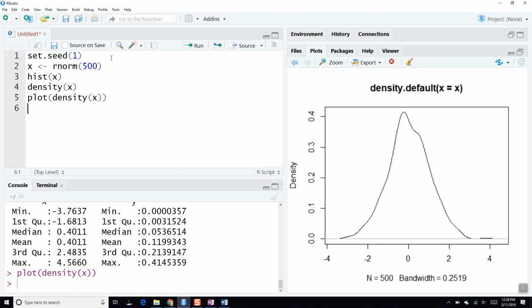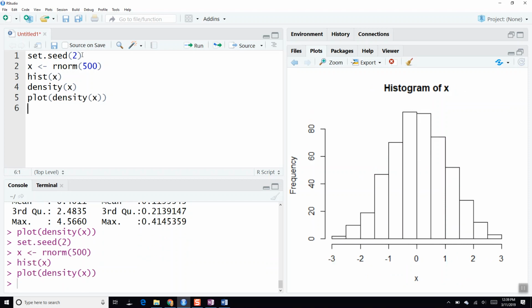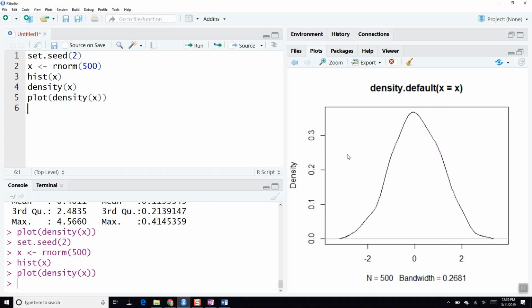And then when I create the density plot, if there's weird artifacts in your histogram, then sure, they will also show up in your kernel density. But this is what we're getting, right?